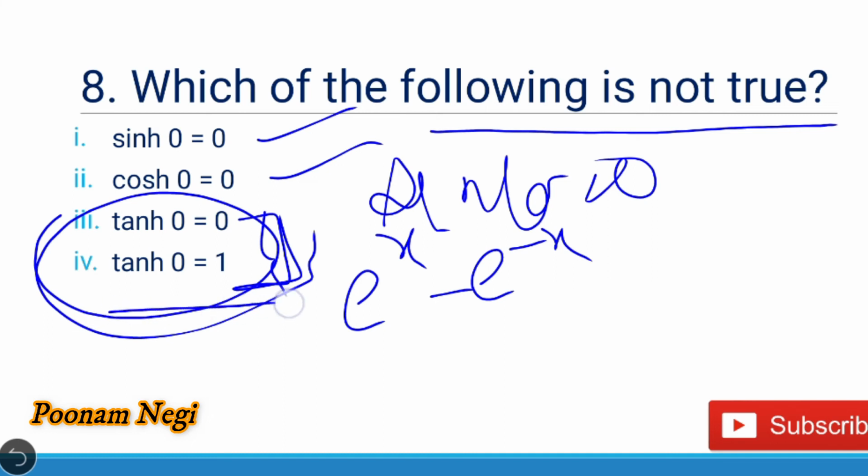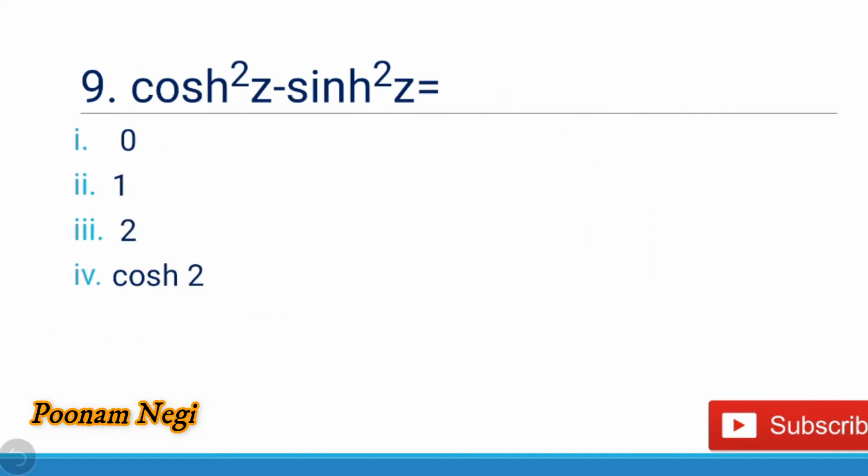This is not true. Next question is cos hyperbolic square z minus sin hyperbolic square z. This is the very simplest formula of hyperbolic functions, and we know that the value of this is 1. Cos hyperbolic square z minus sin hyperbolic square z will be equal to 1.